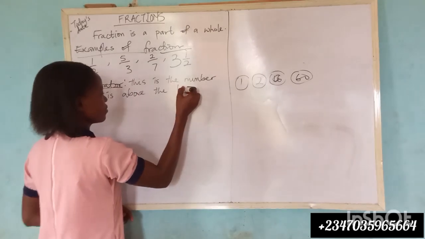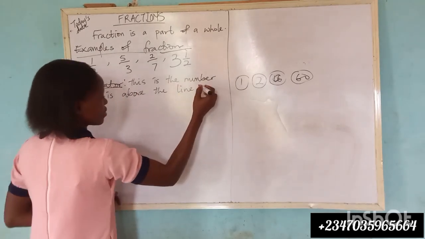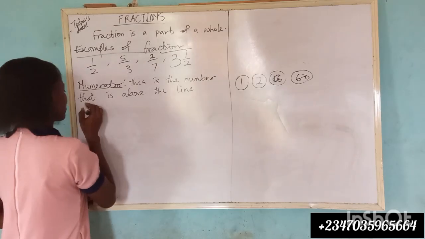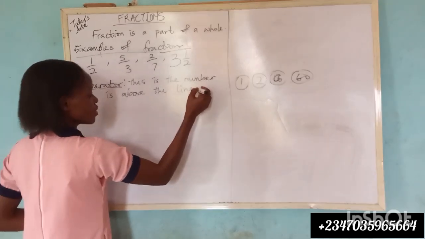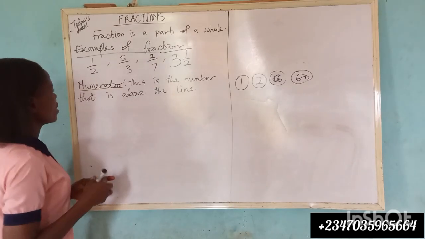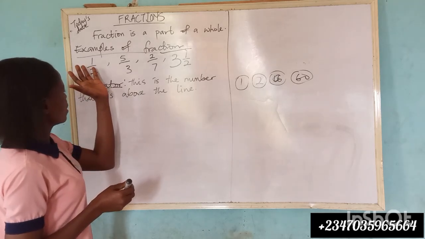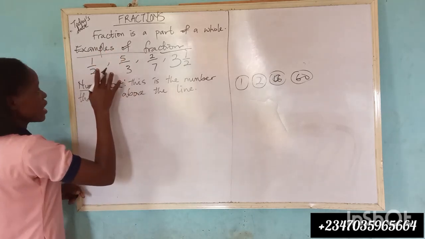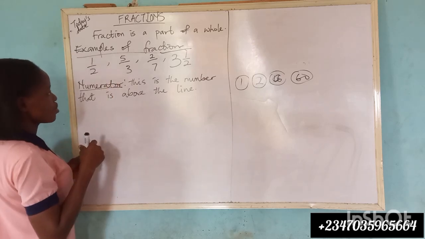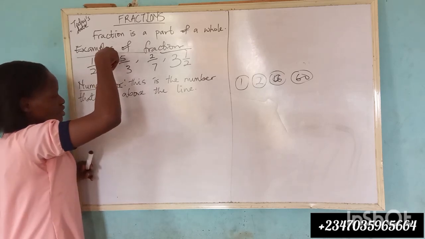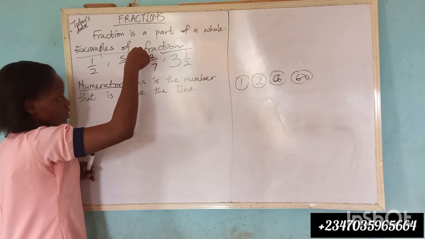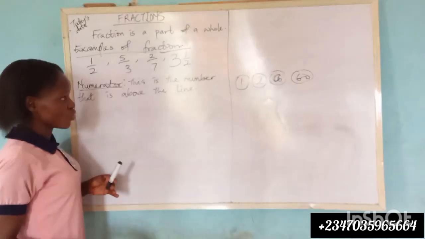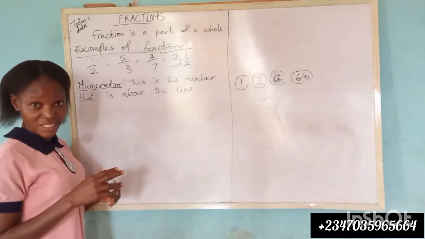So from the examples that we have above, we have 1 as our numerator here, 5 our numerator here, 2 our numerator, and 1 as our numerator in this place. Hope you are getting it.